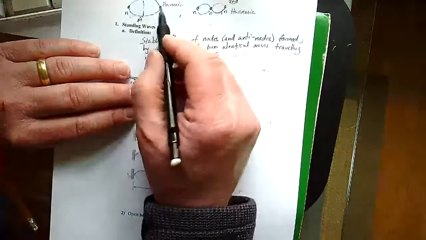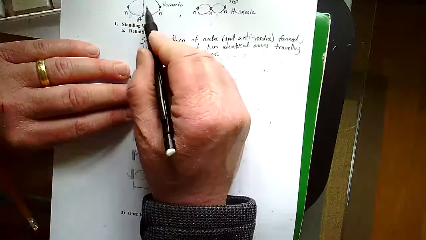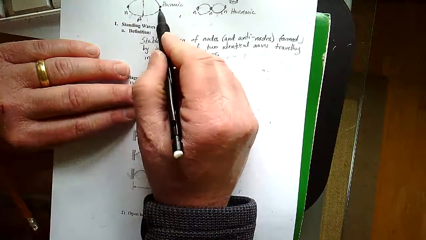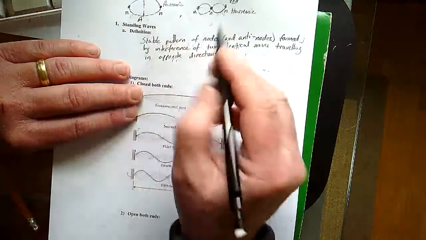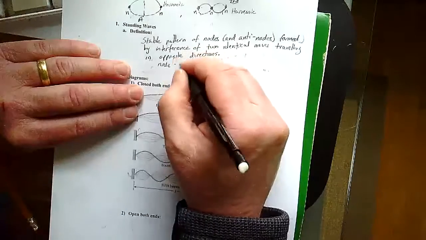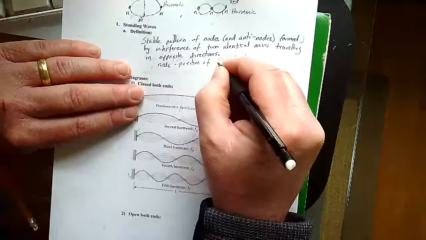So what happened was I was sending energy out this way into the spring, and then that wave energy was reflecting off of here, and the wave and its reflection were interfering with each other, causing my nodes and antinodes. And we'll put some definitions down here. A node is a position of destructive interference.